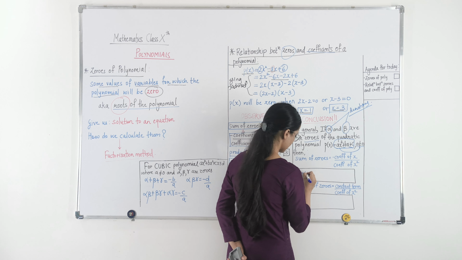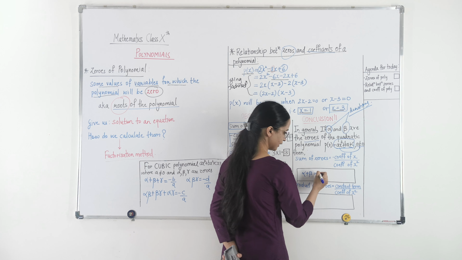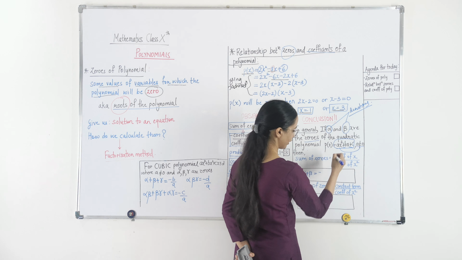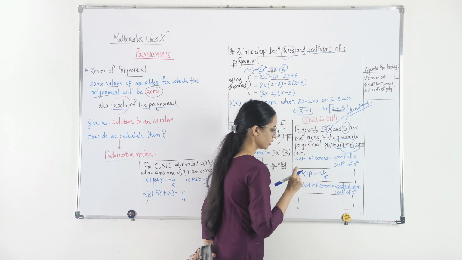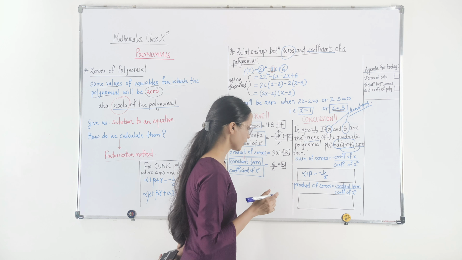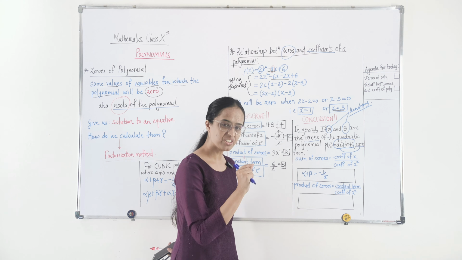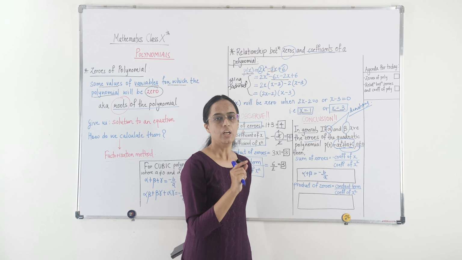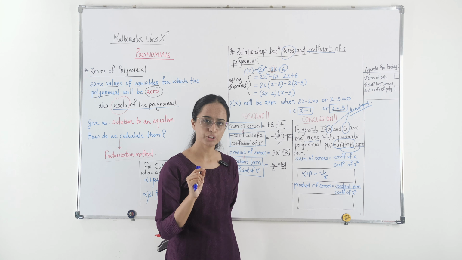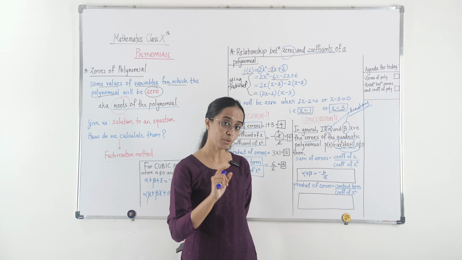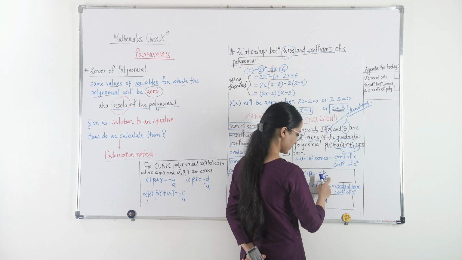The sum of zeros in this case is alpha plus beta, and the coefficient of x is b, so minus b upon a. So the general formula for the relation between the zeros and the coefficients of a quadratic polynomial is alpha plus beta equals minus b by a.